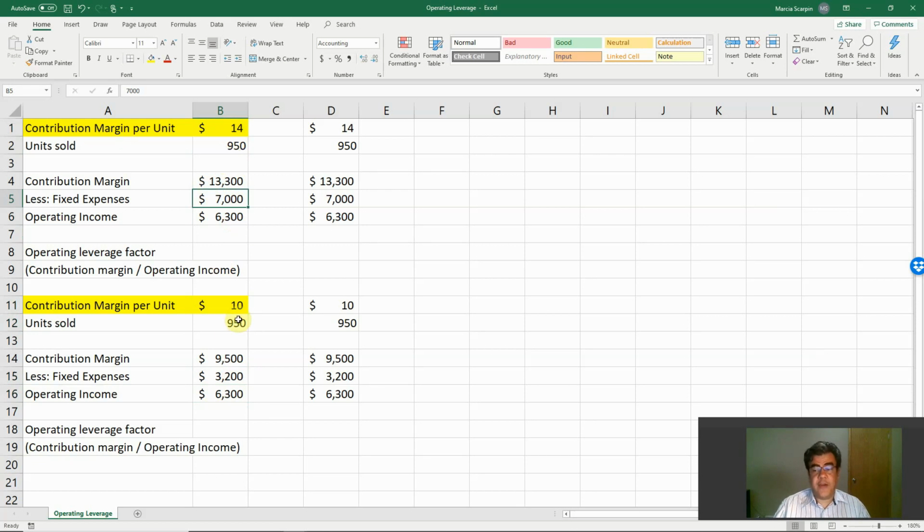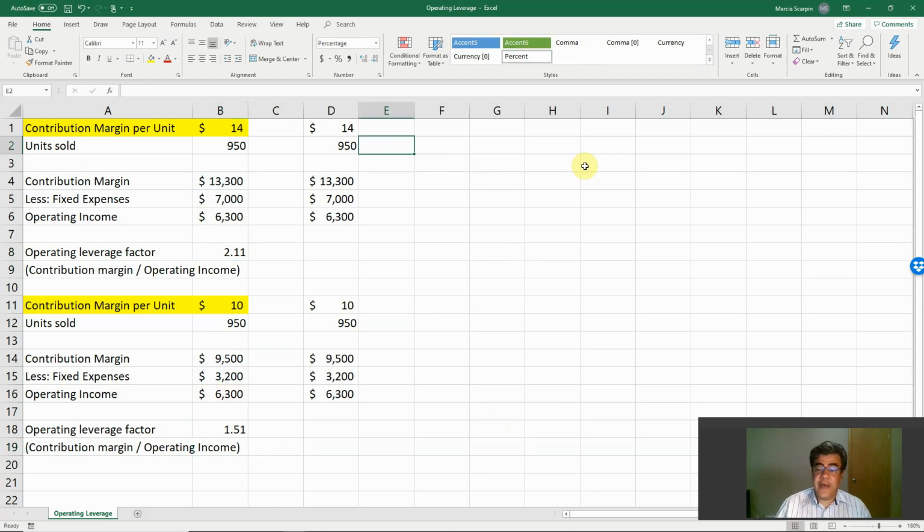Company number two, greater variable cost, lower fixed cost. Let's find our operating leverage factor. Contribution margin divided by operating income, 2.11. Company number two, contribution margin divided by operating income, 1.51.